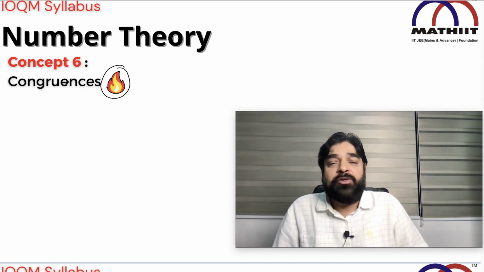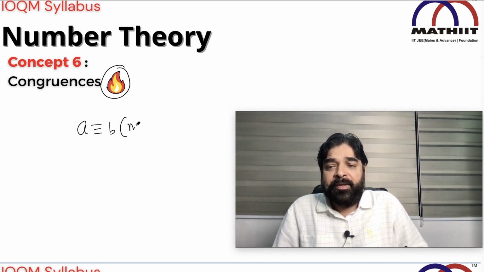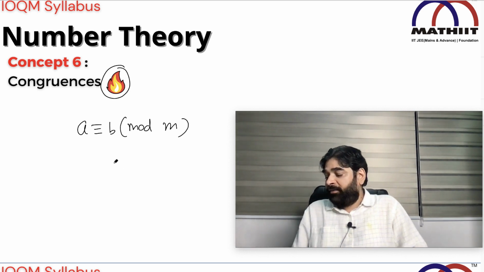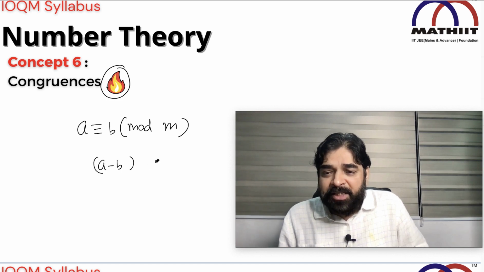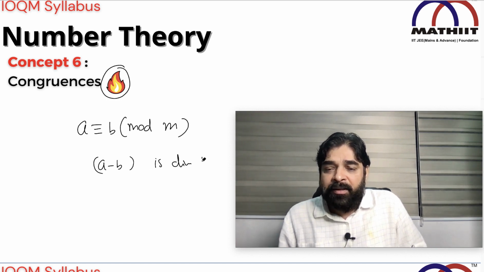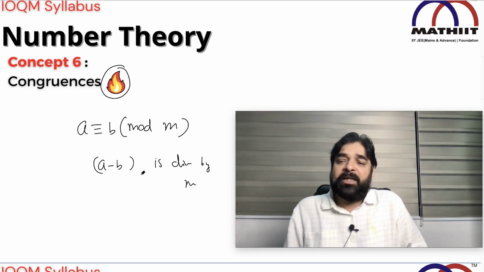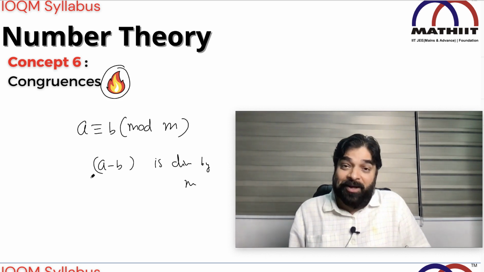When you open books, they will give you a symbol like this, mod M. What is the meaning of that? It means a minus b is divisible by m. That's what the meaning is.